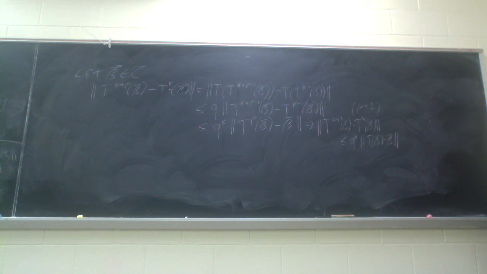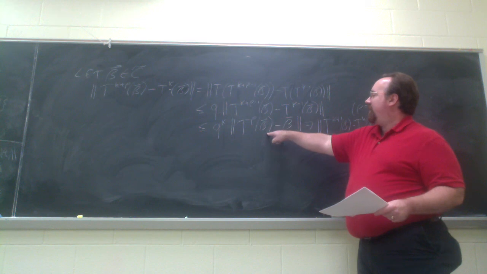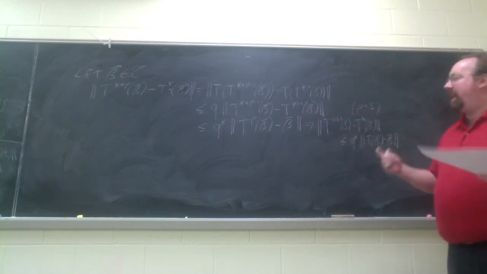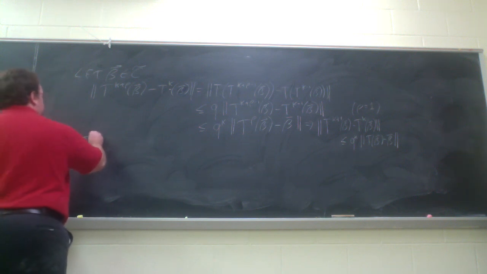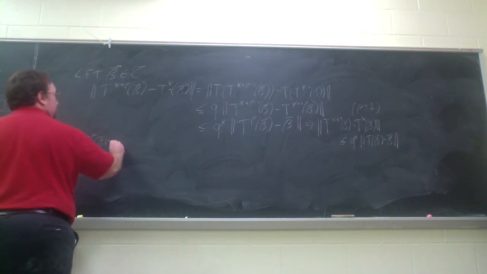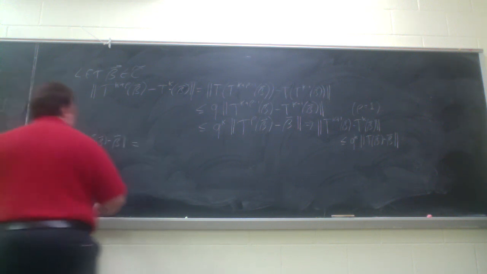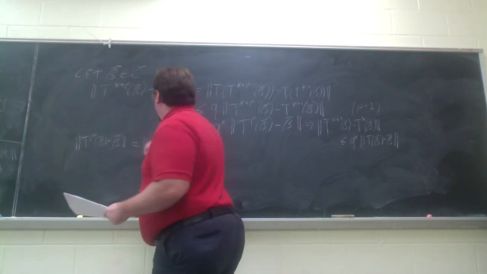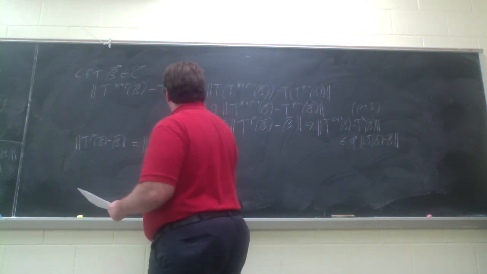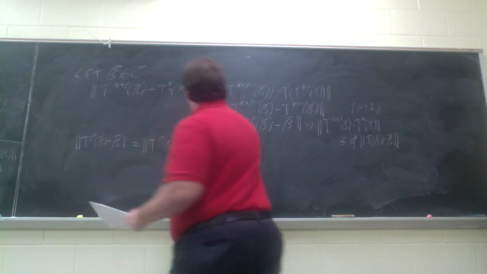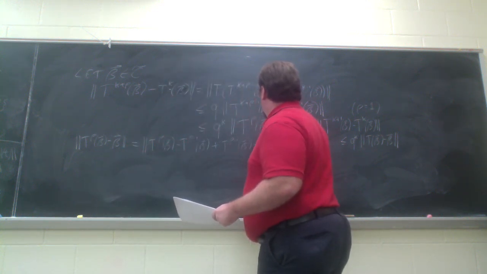All right. So now that I've come up with this expression, I'd like to have an upper bound for t to the p of beta minus beta norm. So what I can do is I'm going to pull a major add-subtract trick. So t to the p minus t to the p minus 1 plus t to the p minus 1, and so on.